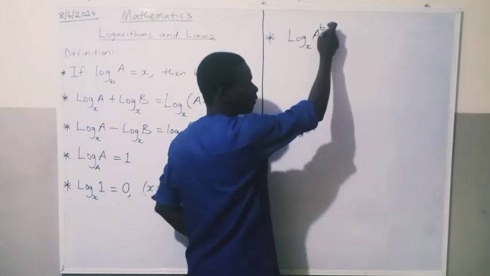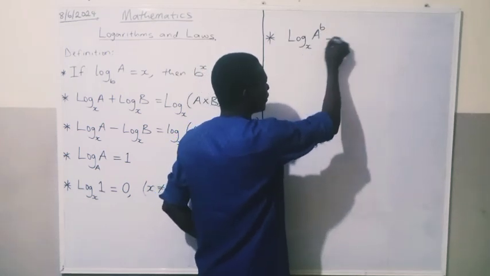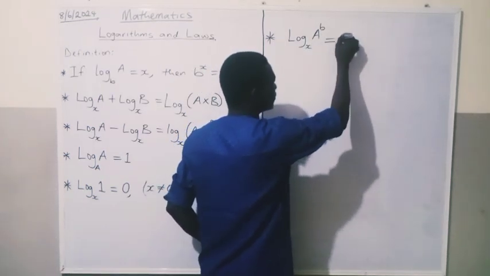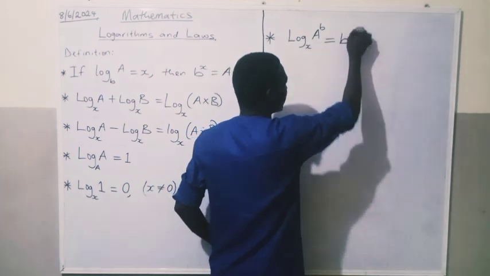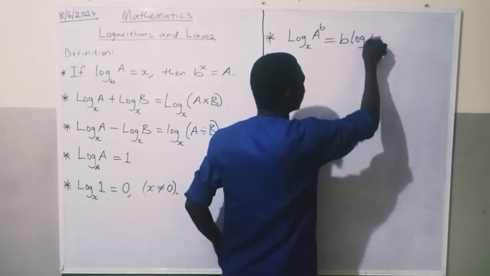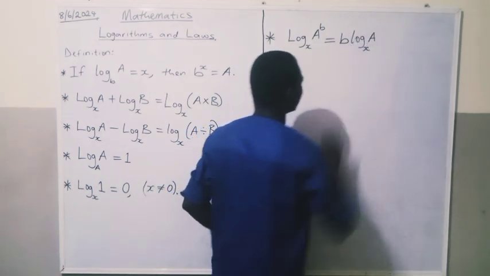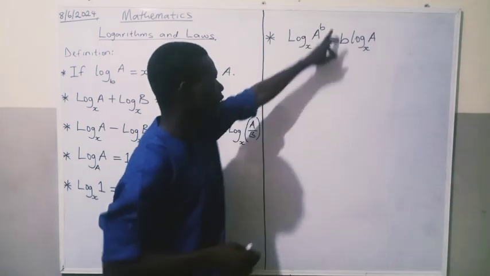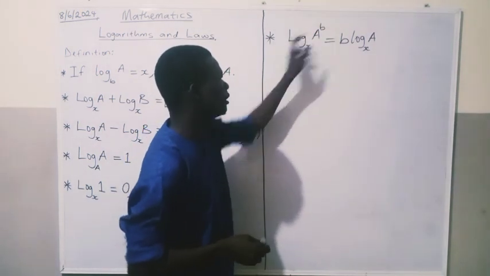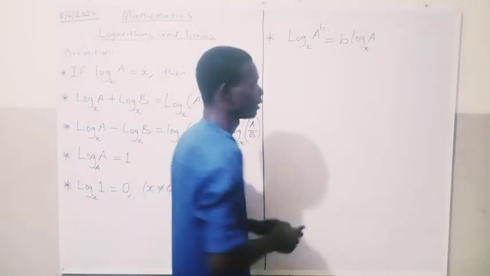That's log a raised to power b, to base x. This b comes behind to multiply log a to base x. That's b log a to base x. That's what that law states.